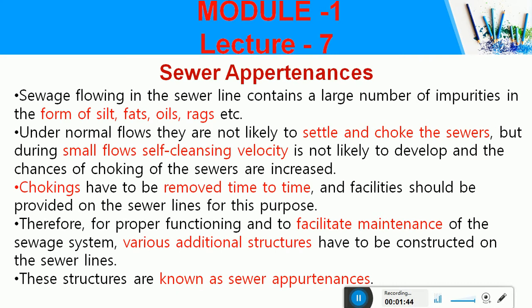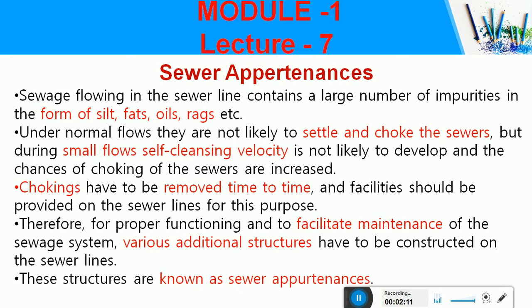These materials may settle and clog the sewers. In that case, we should maintain the self-cleansing velocity in the sewerage systems to reduce choking problems, and also these chokings have to be removed from time to time.